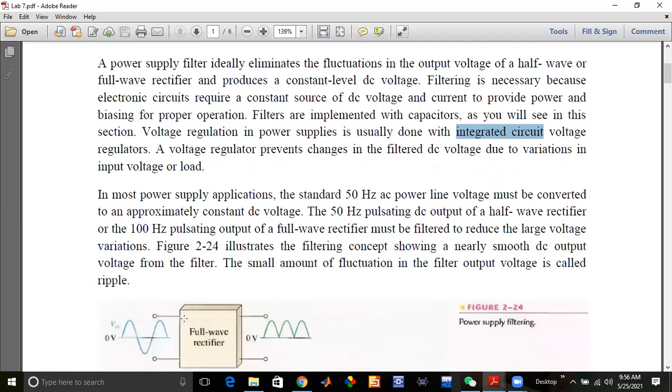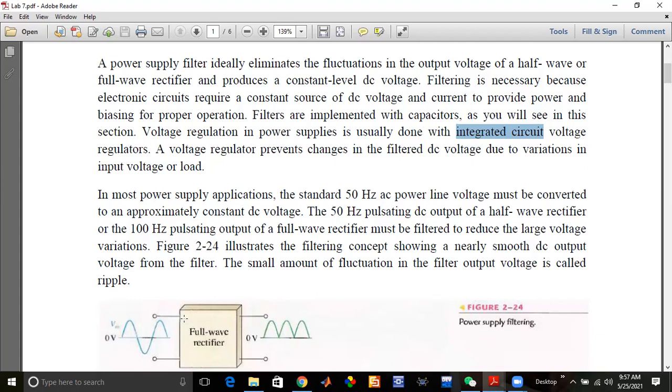In most power supply applications, the standard frequency is 50 Hz. For example, in all previous classes, we designed the half-wave and two types of full-wave rectifier, but we used the frequency 50 Hz. In most power supply applications, the standard 50 Hz AC power line voltage must be converted into approximately constant DC voltage.